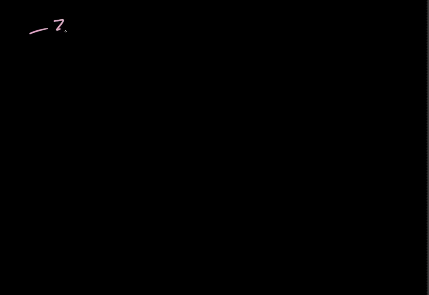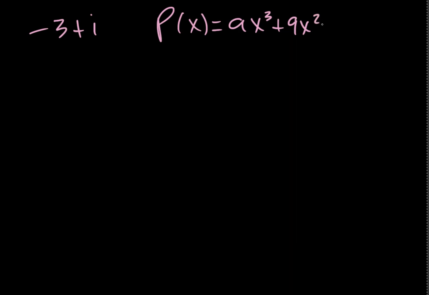Okay, now if we have negative 3 plus i as a zero, and we're given this polynomial, and we know that a is real, we want to find a.